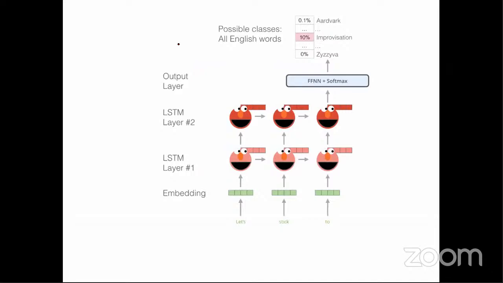This is with respect to the English example. Let's stick to embedding and LSTM. This LSTM and embedding here are in the same direction, and there is one more LSTM layer.